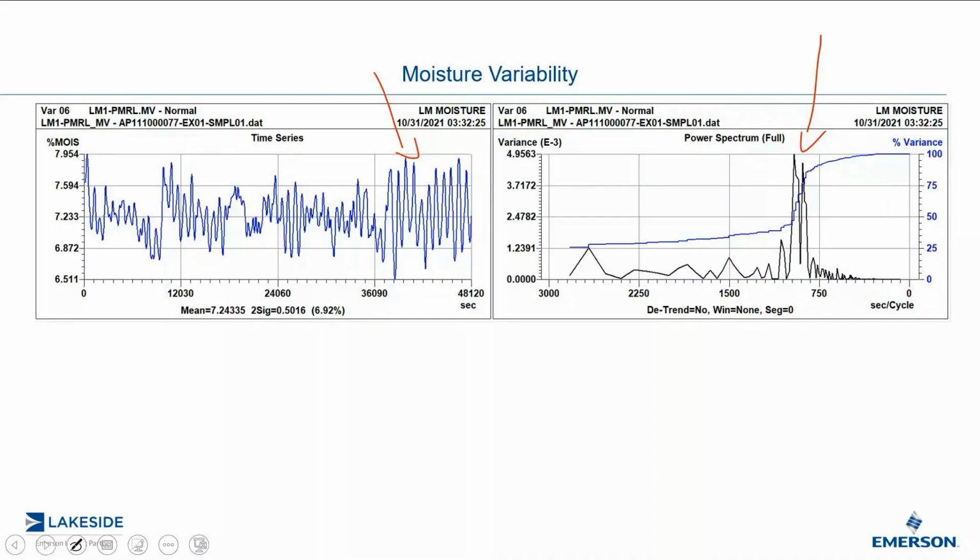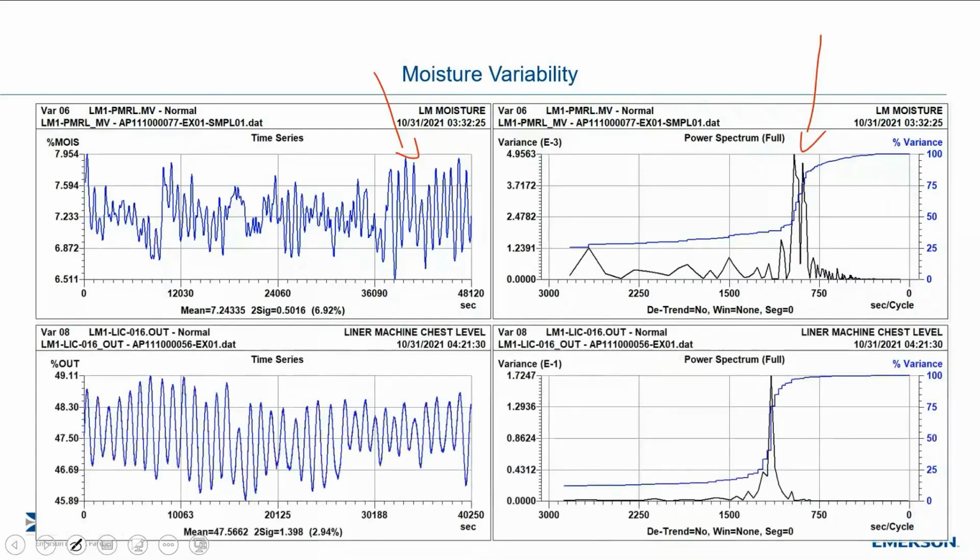So I was hoping to find what could be causing this. I collected data then on the machine chest, the liner machine chest. If you remember, there are two tanks feeding that same paper machine. Here I keyed in on the output, because I was thinking that the output could be an indicator of the flow.